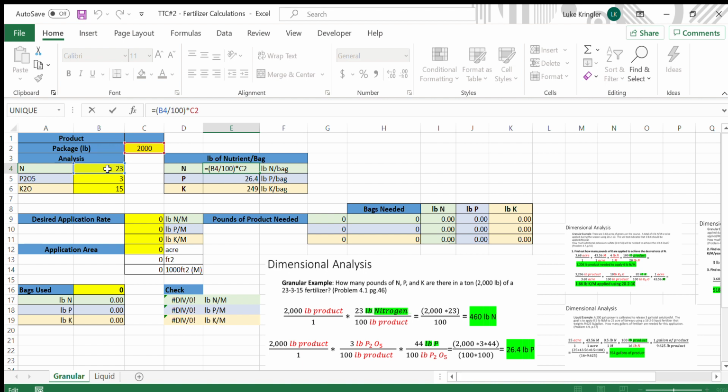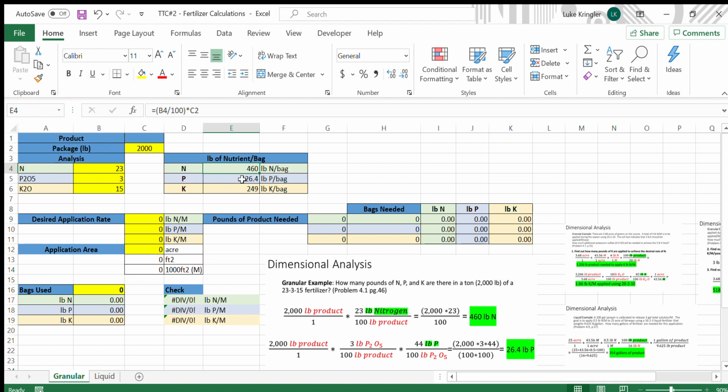So you divide by 100 and you get 23%. You multiply it by the total amount that we're looking for. So in the 2,000 pounds of fertilizer, there are 460 pounds of nitrogen.